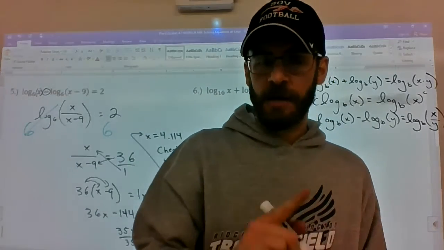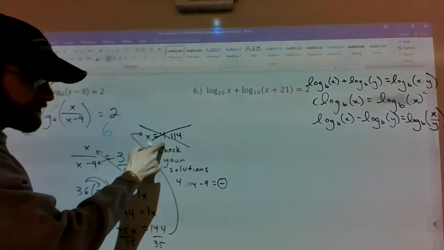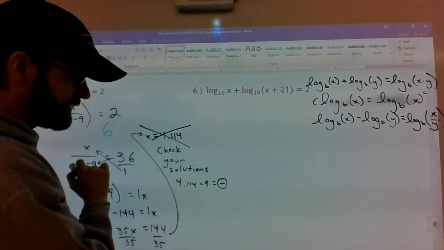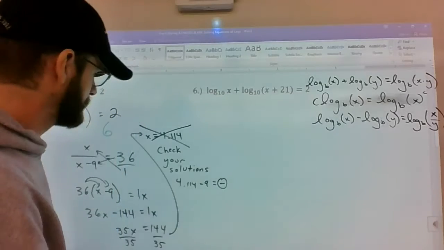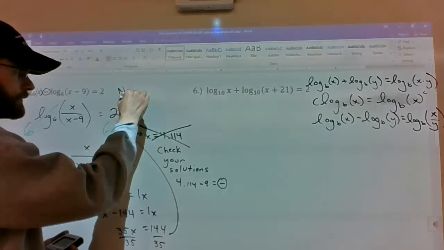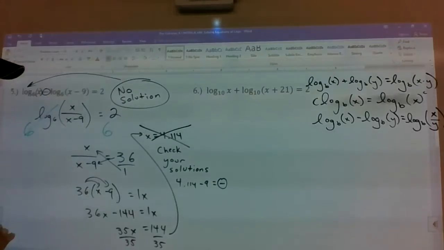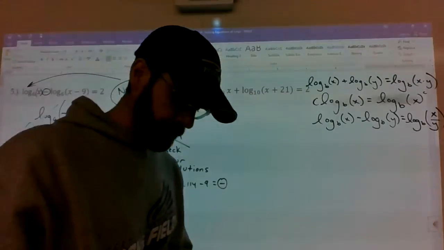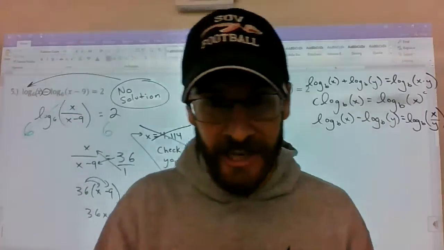Doesn't exist. Bad. This solution is bad. And it's the only solution that we had. Which means what? This is one sad little equation. There's no solution to number 5. So be on the lookout for extraneous solutions because they're hiding. You've got to find them.